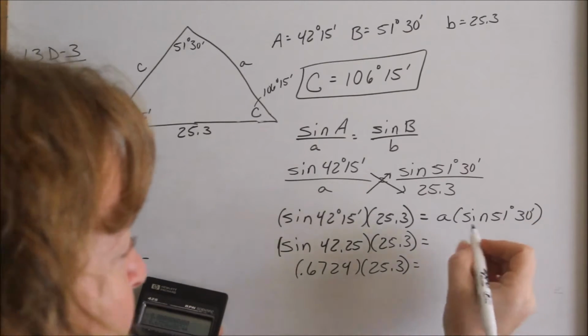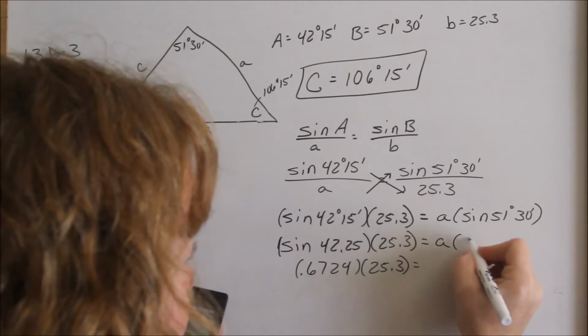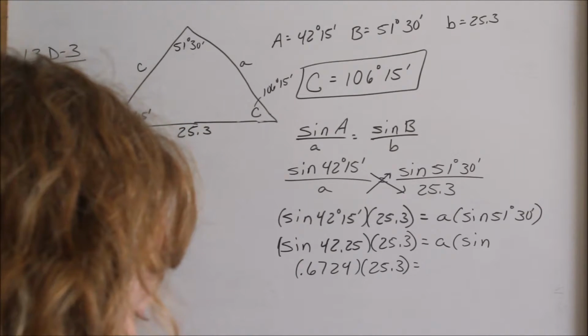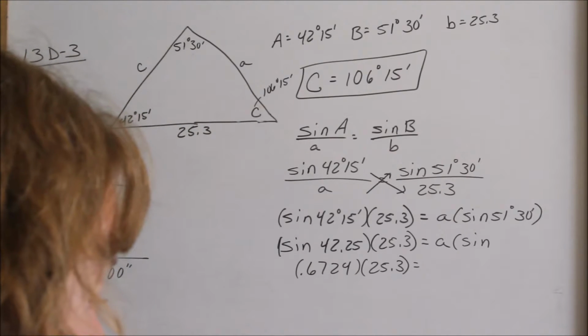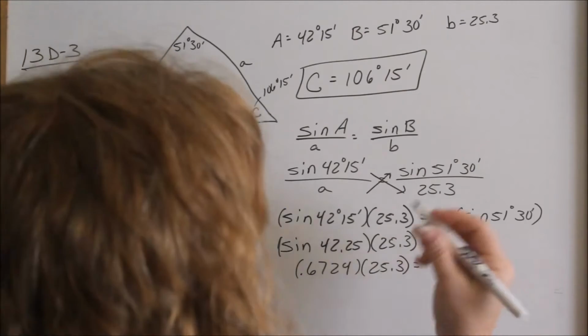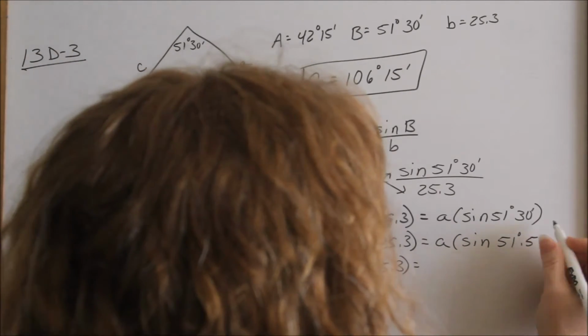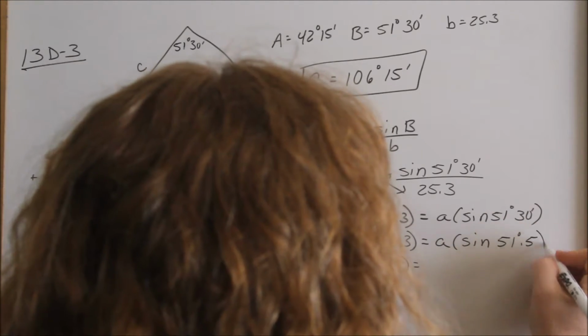Okay, now I'm going to put this into decimal. I'm going to convert it from degrees, minutes, seconds to decimal. That'd be the same thing as saying 51.5 degrees, since 30 minutes is half of an hour.